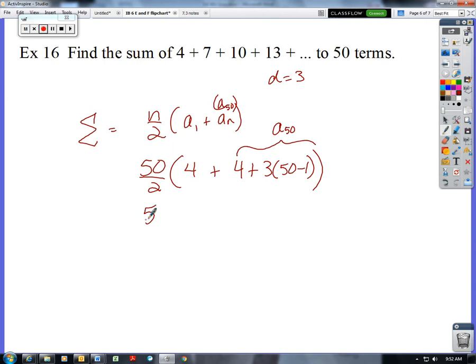So I have 50 over 2. I'm going to have 8 plus 3 times 49, which is 150. Actually, I kind of prefer to distribute that. Easier to do in our head. 8 minus 3 is 5, plus, well, that's 150. Sorry. Let me do that again. 8 minus 3 is 5, 145. 150 minus 5.